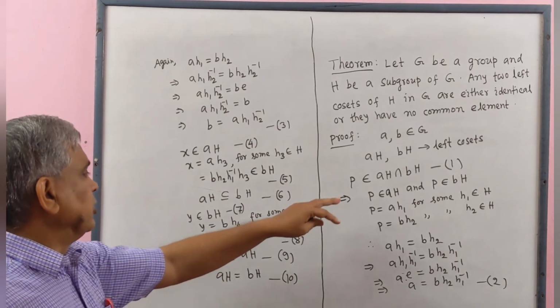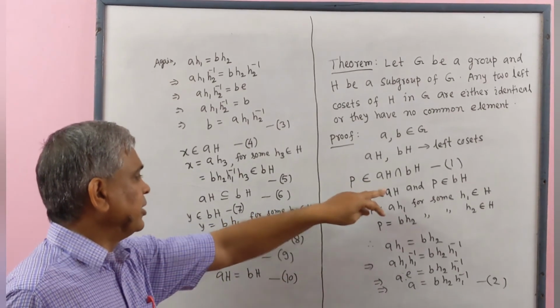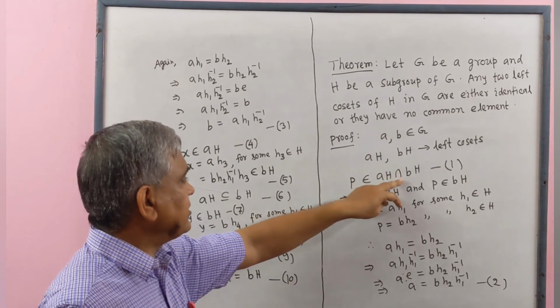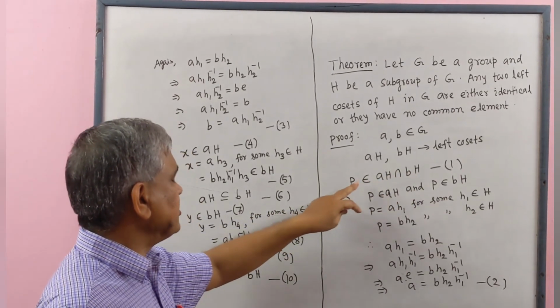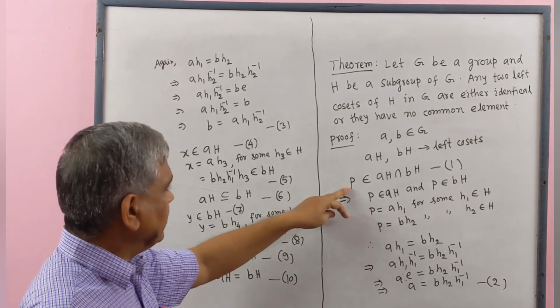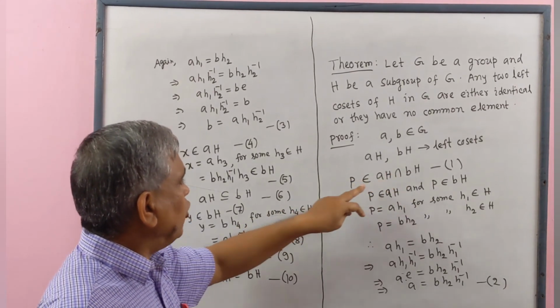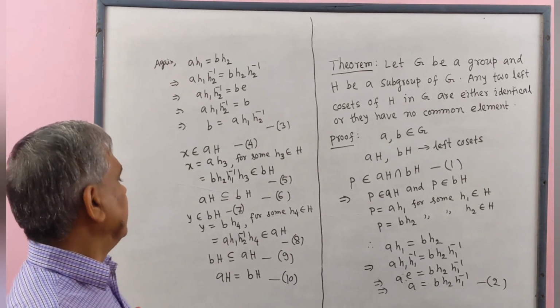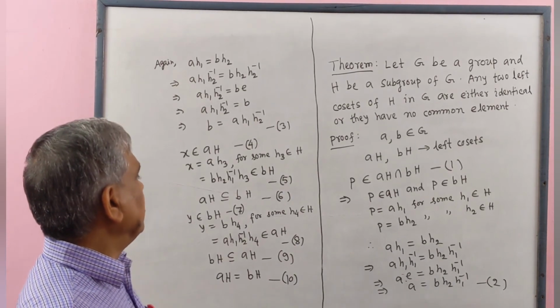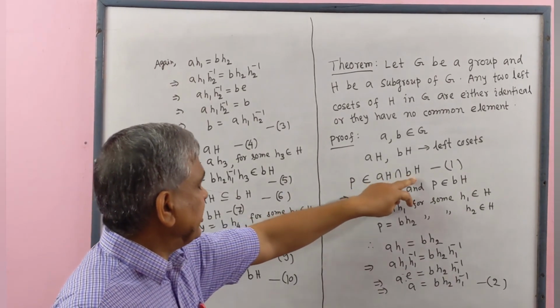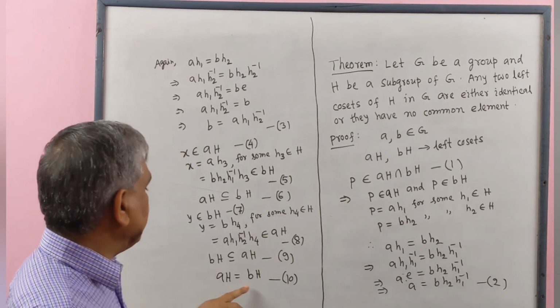Therefore, we get that if aH intersect bH contains an element, that is, they contain a common element p, then two left cosets aH and bH are equal.